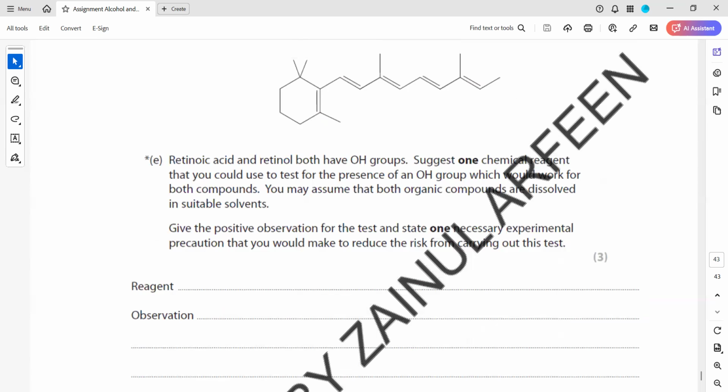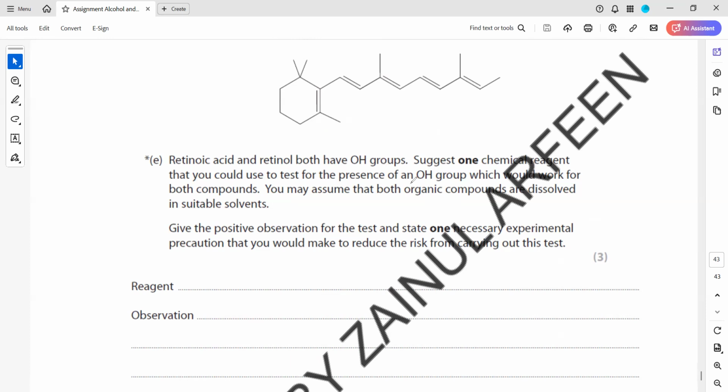If you want to distinguish alcohols and carboxylic acids, both contain OH groups, so how can we check? Give a positive observation for the test and state one necessary experimental precaution. Suggest one chemical test that could test the presence of OH.